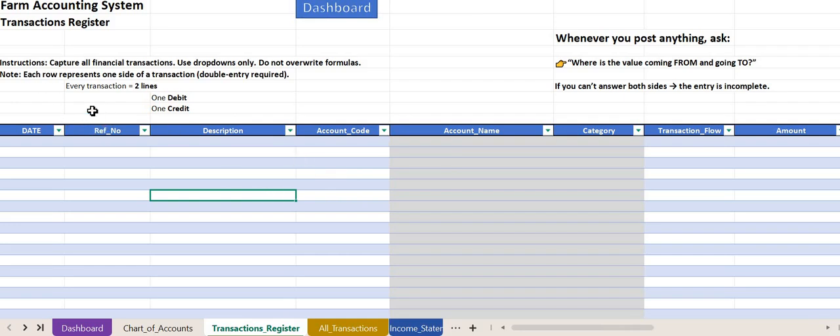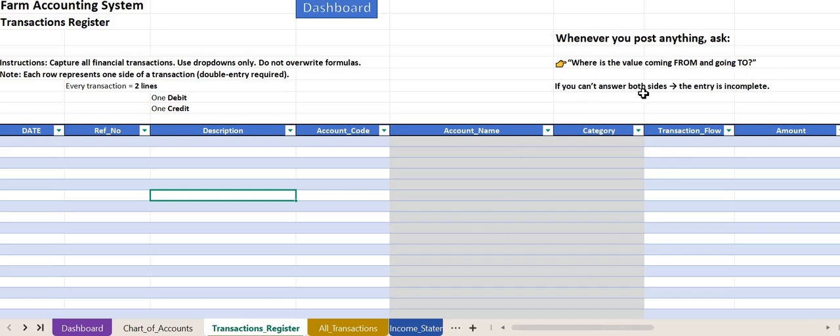Each row represents one side of a transaction. So every transaction is going to have two lines: one transaction, two lines, one debit and one credit. Whenever you post anything, the question you need to ask yourself is, where is the value coming from and where is it going to?